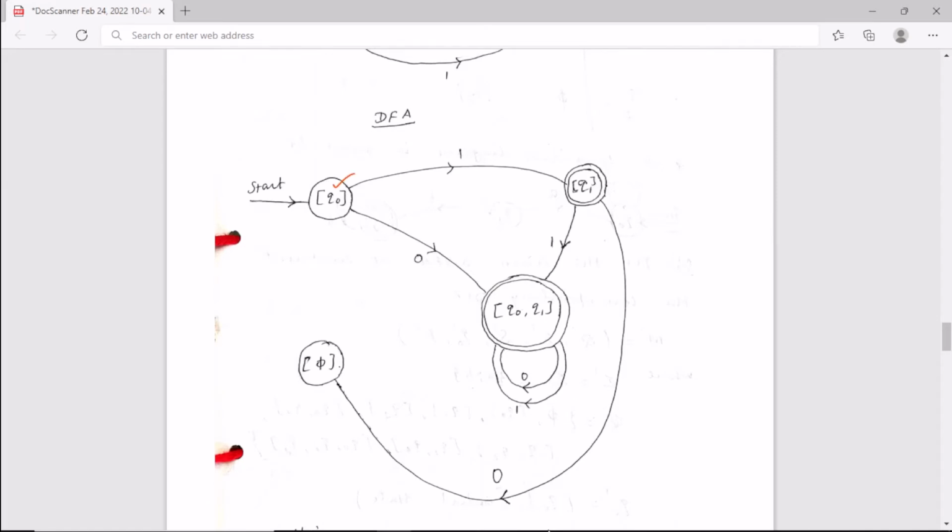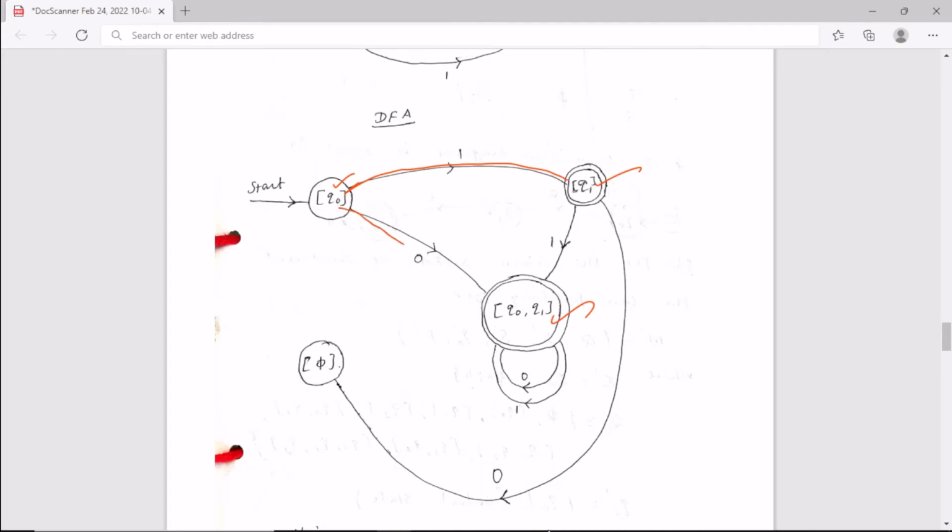In Q0, if you read 1, you go to Q1 or Q0, Q1, like this. So just draw the diagram, and finally you have to check whether all states are reachable from the initial state or not. Look at Q0, Q1. This is reachable from the initial state, so we can add this. So look at this Q0, Q1 state.